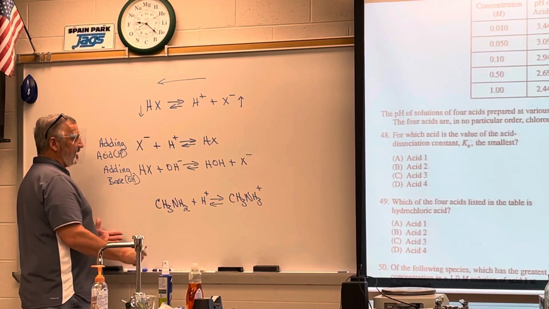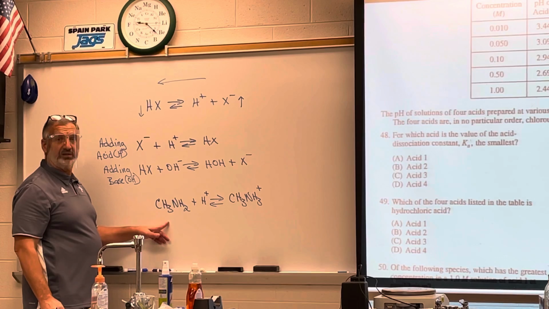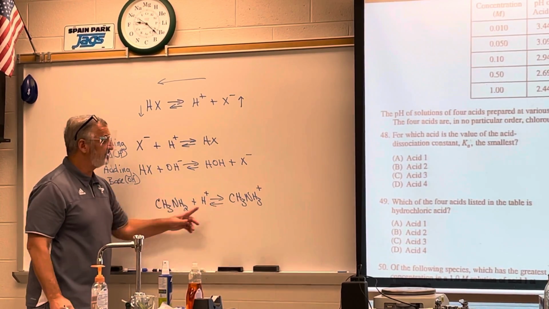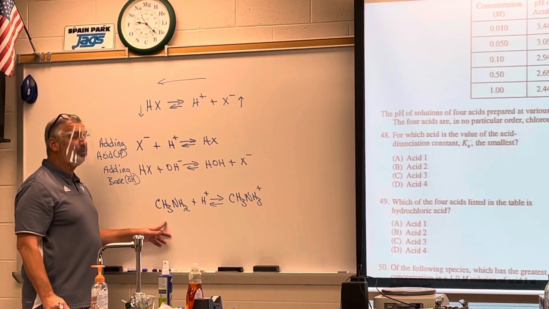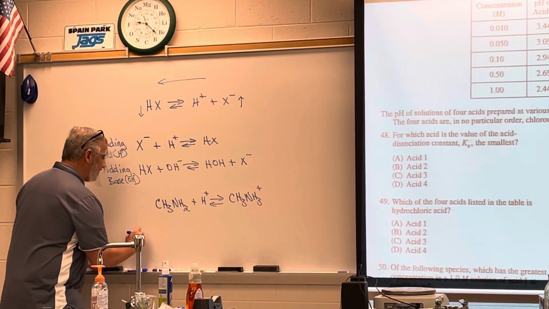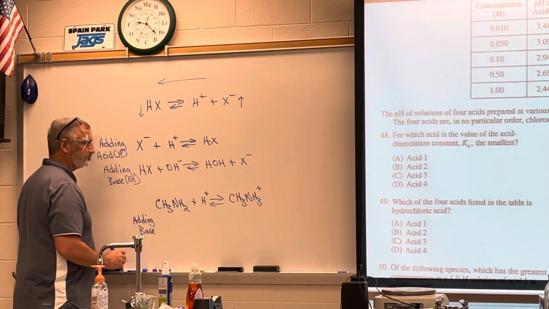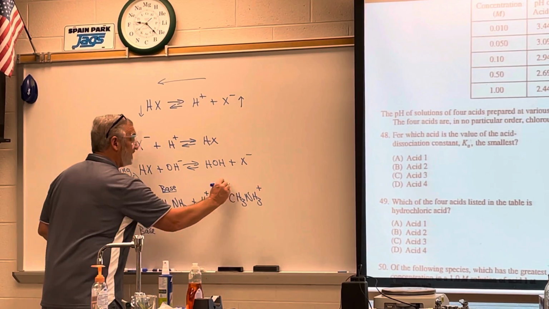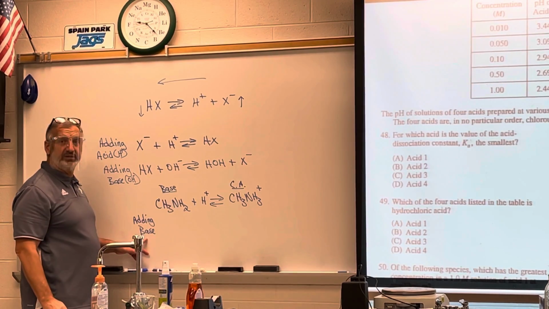So now I have my buffer of this and this. If I add more acid, which one of these is it going to react with? That one, right? If I add base, it's always going to be which ion? OH minus. Since this is the base, and this is the conjugate acid, which one is the base going to react with?